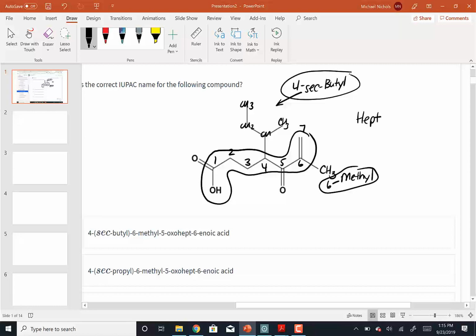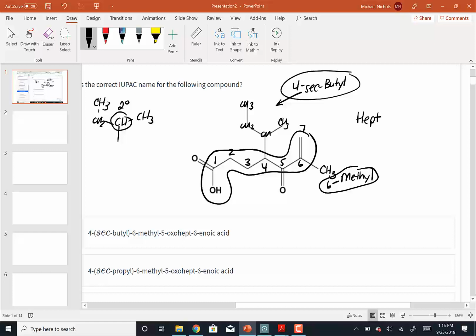Can you do a quick refresher on what it means to be a secondary? Secondary means that if I just looked at that group, I would have a CH attached to a CH3, and another CH3 attached to a CH2. So you are a carbon with two other carbons attached. This is the butyl group where the attachment point is a secondary carbon.